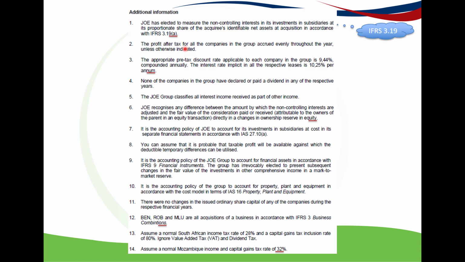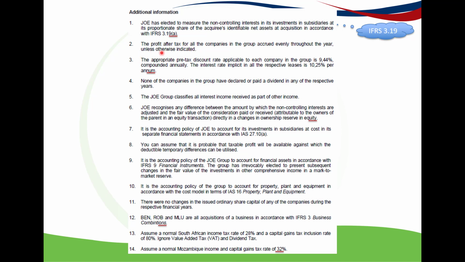In addition, if it's a foreign operation, but we'll get to that later, you might have to allocate a portion of the FCTR on the goodwill to either the parent and NCI, or only the parent if NCI is measured at proportionate share.